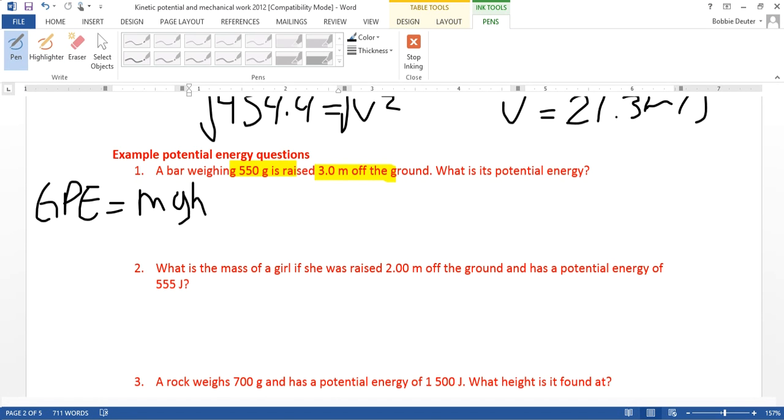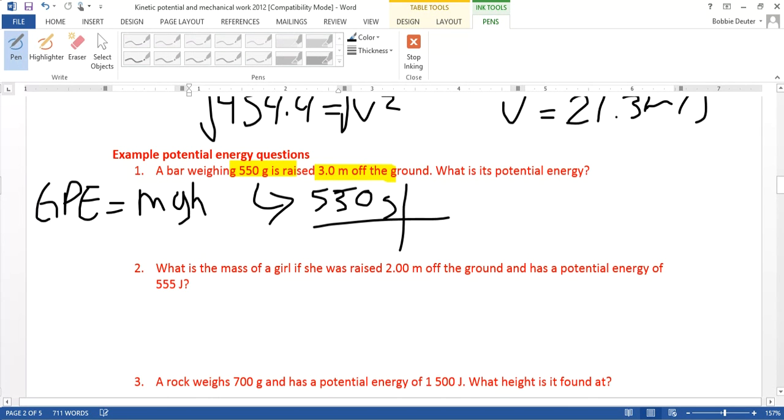Oh, goodness gracious. They gave us the mass in grams. We know that mass is measured in kilograms. So we have to convert this. So 550 grams is equal to 1,000 grams over 1 kilogram, which means we have 0.55 kilograms.